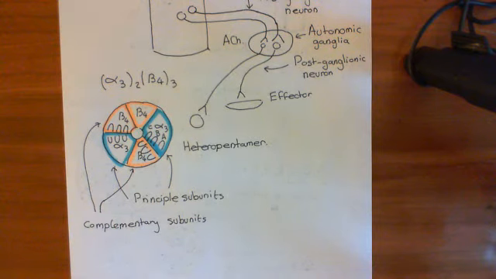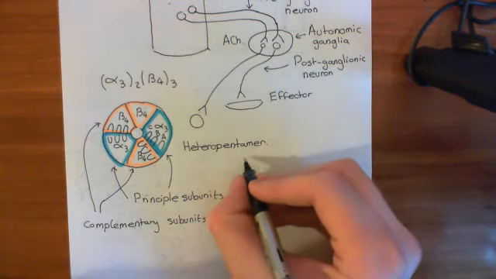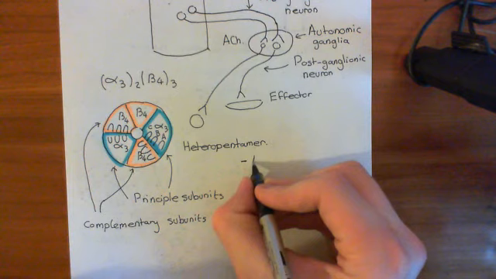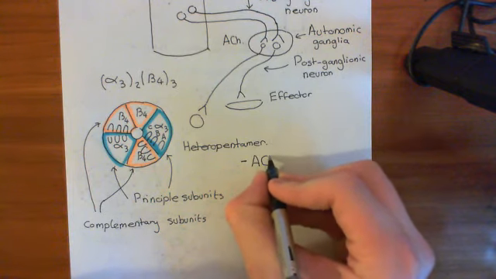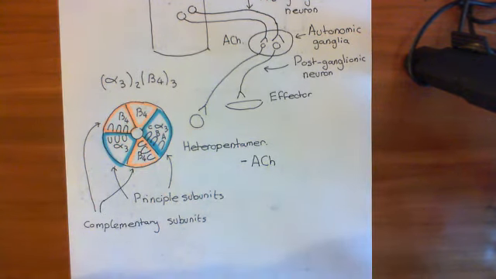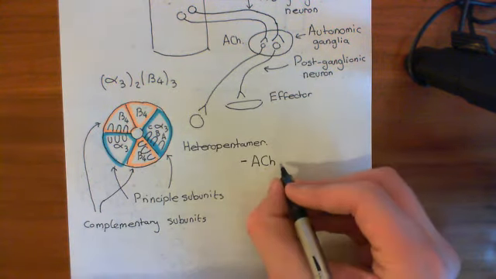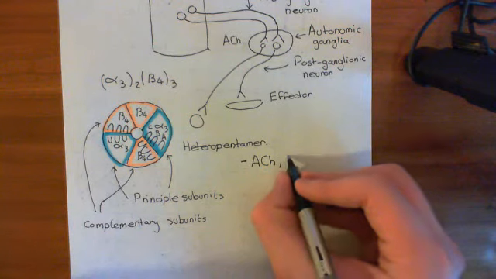Now let's discuss pharmacological agonists and antagonists. The endogenous agonist is obviously acetylcholine. So acetylcholine will come, bind to those binding sites, and will increase the likelihood that the receptor will be open. A non-endogenous agonist is nicotine.